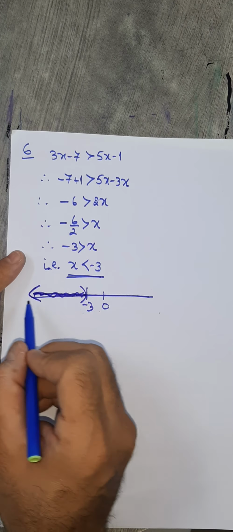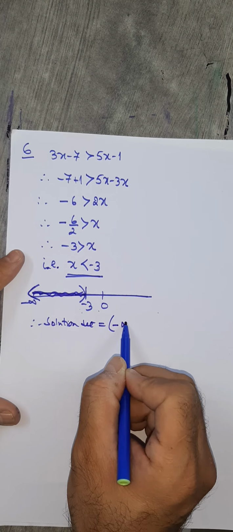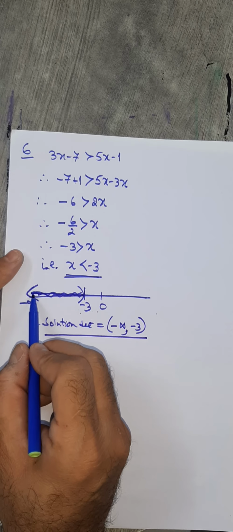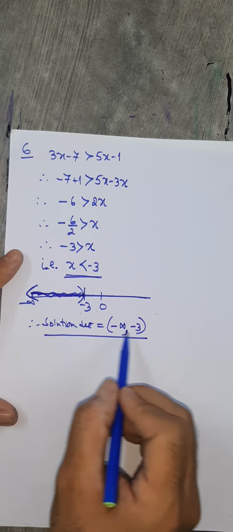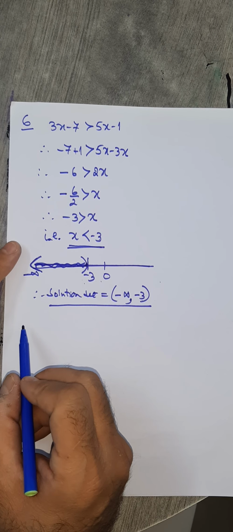So what's the solution set here? The solution set equals minus infinity to minus 3. This is the solution, starting from minus infinity till minus 3. Minus 3 is not included. So this is called an open interval, you know. Okay. All are similar kinds.